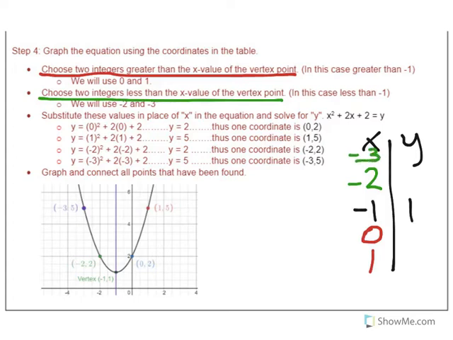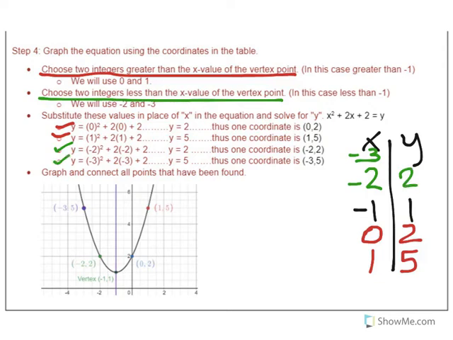Now I just have to substitute each of those into the equation, and so you can see my work that I've completed here, right here and right here. So for 0, we see that y equals 2. For 1, we see that y is going to equal 5. And then when we go to -2, we see the answer is 2.